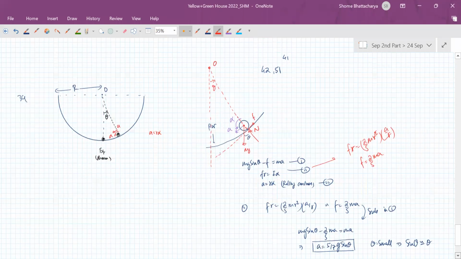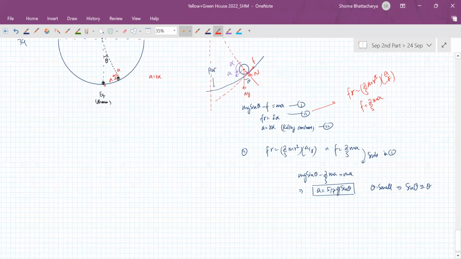So this is the relation. Now next, suppose this distance is S along the surface. So theta is S by capital R and a is minus d2S by dt square.